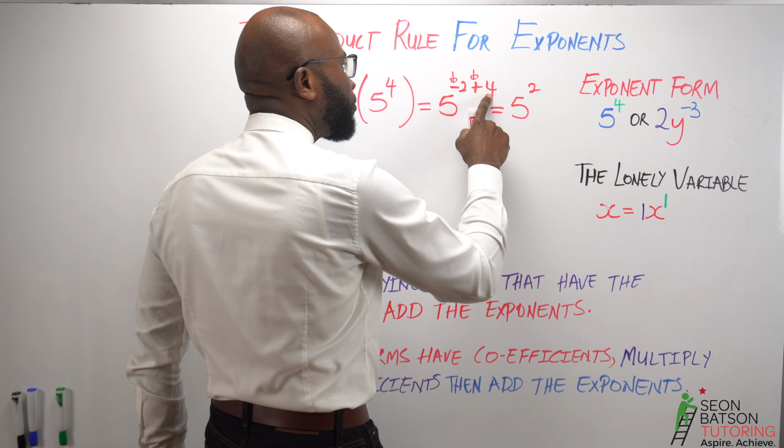All right. Our terms have coefficients, so we will multiply the coefficients first. The first coefficient is 6. The second one is 5. 6 times 5 is 30. And since we have the same base here, we can add the exponents.